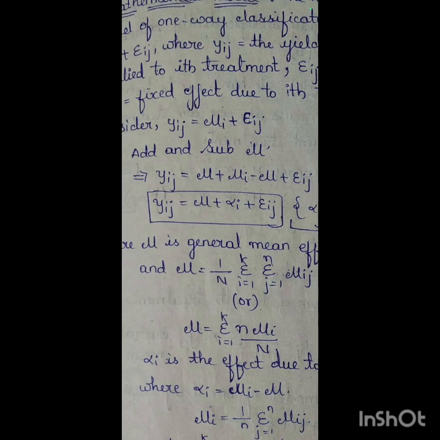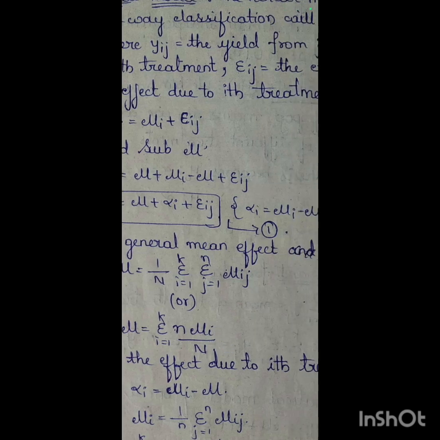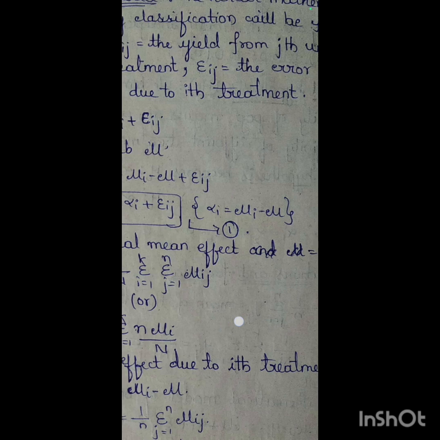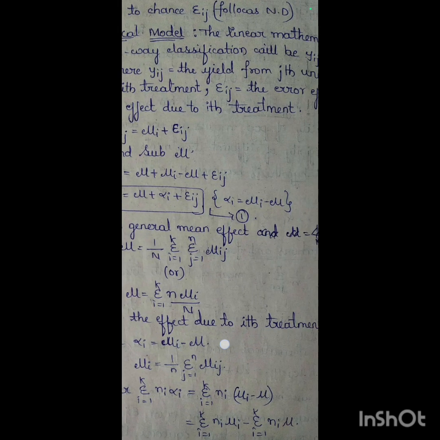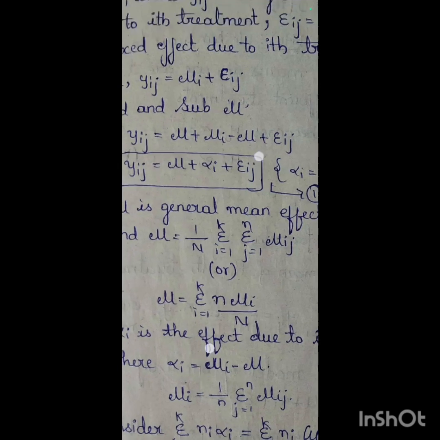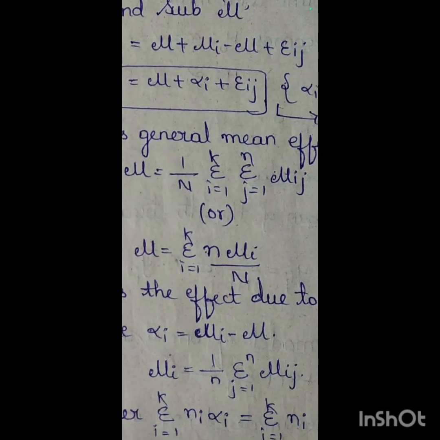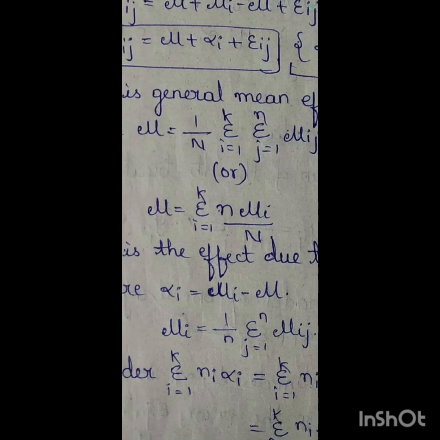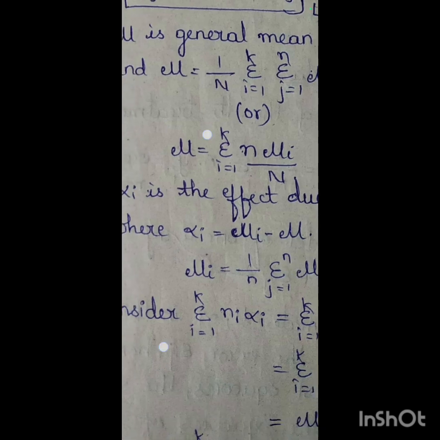Here the model is given by yij equals mu plus alpha i plus epsilon ij, where alpha i equals mu i minus mu, as equation 1, where mu is the general mean effect and mu equals 1 divided by capital N double summation of mu ij, or else we can write mu equals summation i from 1 to k of n_i mu i divided by capital N.